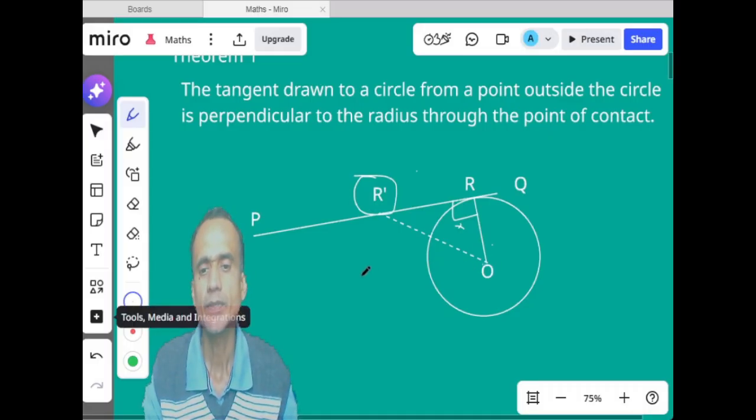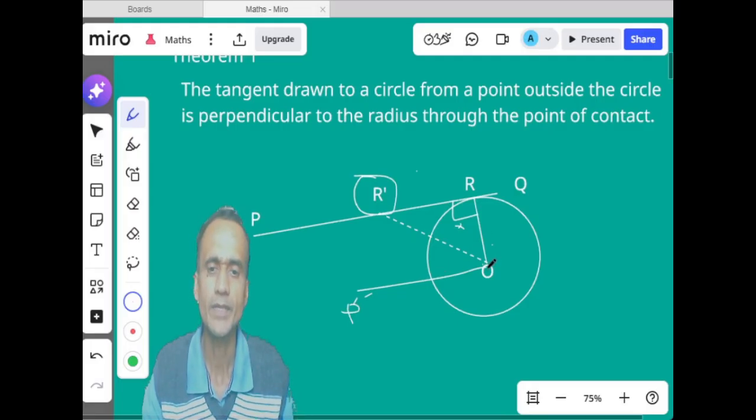So OR dash, if I draw a line parallel to PR, let it be OP dash, then what we assume by construction is that OR dash is perpendicular to PR. So this must be the shortest distance, because from a point outside a line to the line, the shortest distance is the line perpendicular to it.